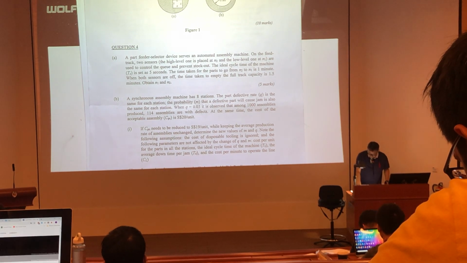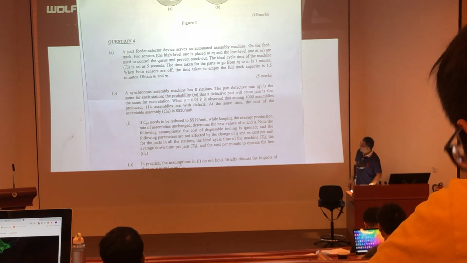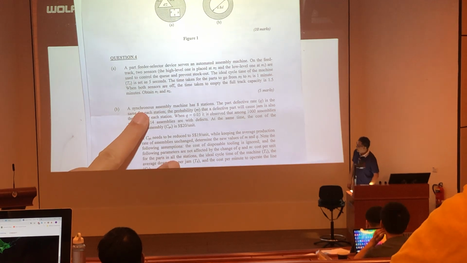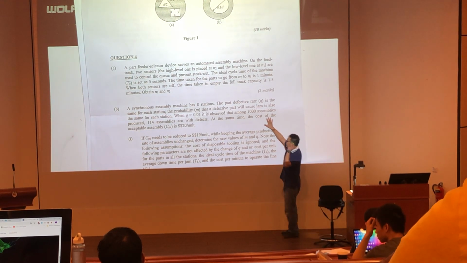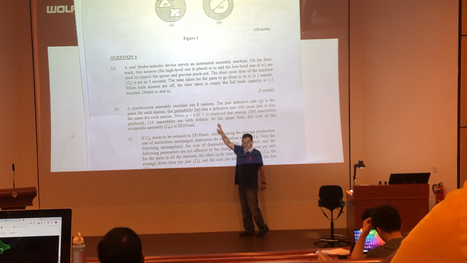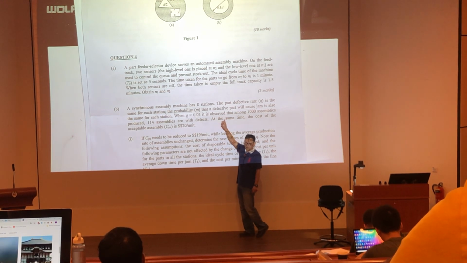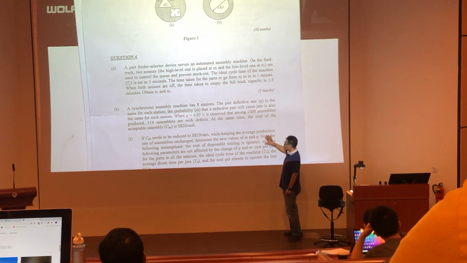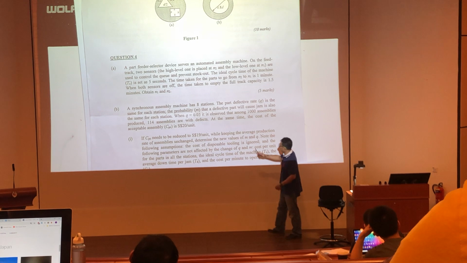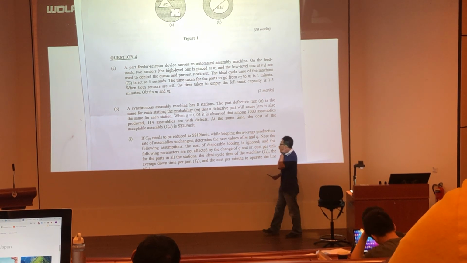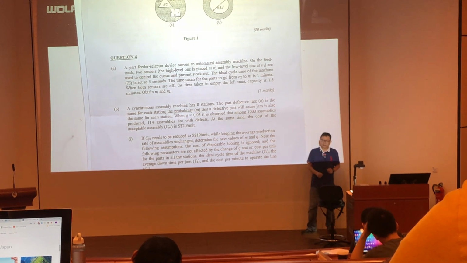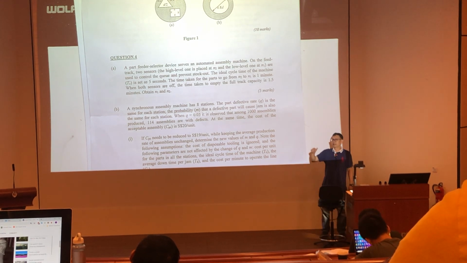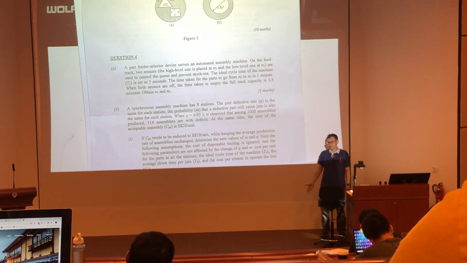Okay, let's leave it for the second part. The clue is here. As I mentioned, from here you can calculate the current value of M, because you know the U is 0.886. And for this part, you need to make use of the given condition, keeping the average production rate of assembly unchanged, which means RP unchanged, which means TP unchanged.